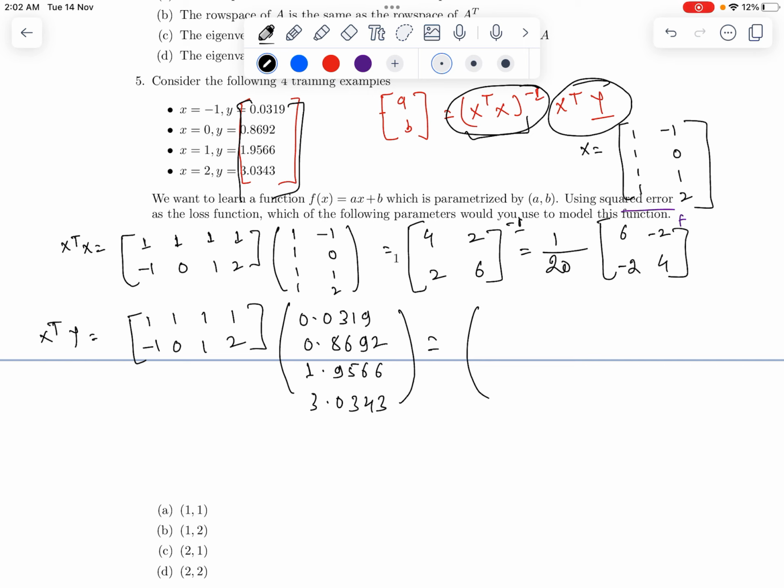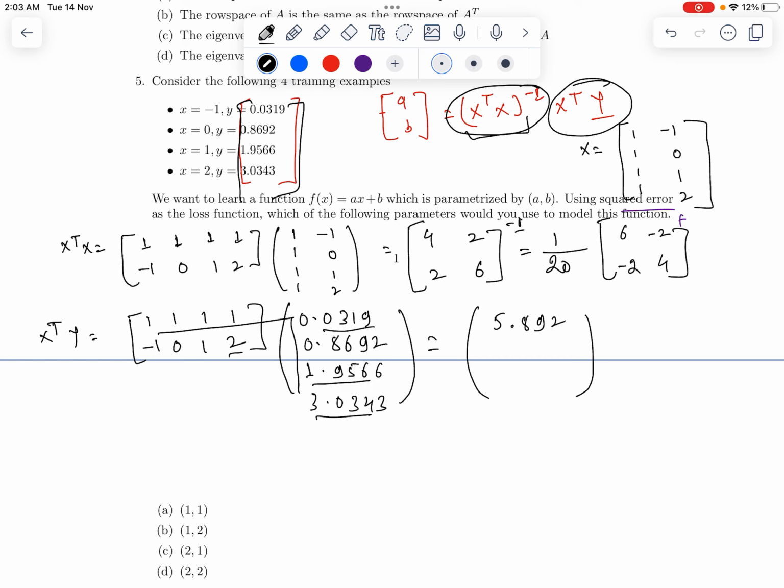You will have to add all these: 0.0319 plus 0.8692 plus 1.9566 plus 3.0343. So it will be 5.892.